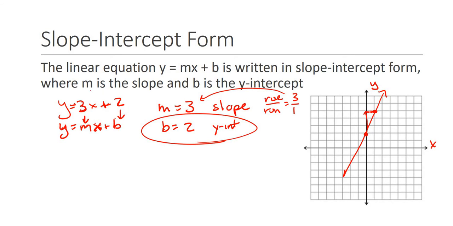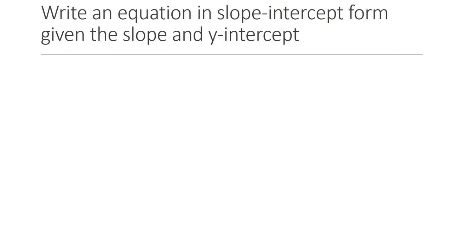So slope-intercept form, from just looking at it, we can tell the slope and the y-intercept. So we want to learn how to write an equation in slope-intercept form if you're given the slope and the y-intercept.